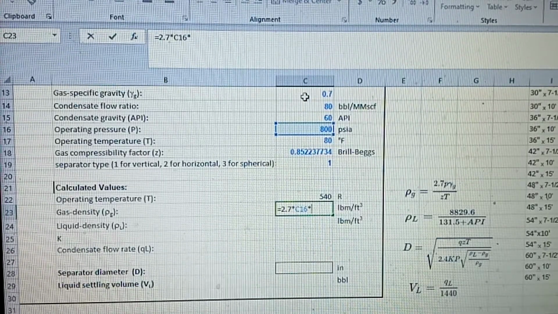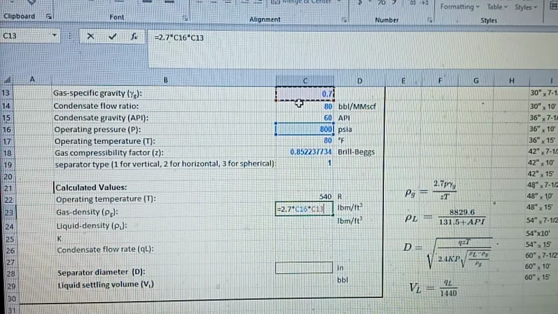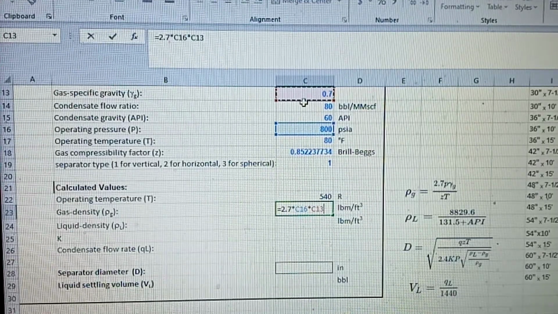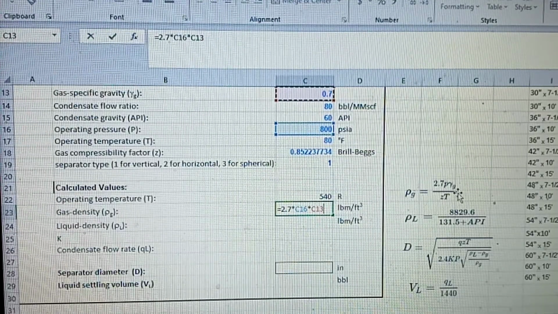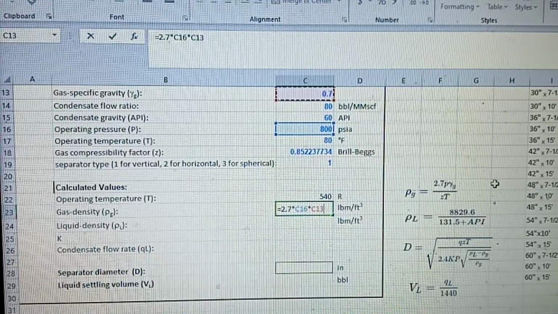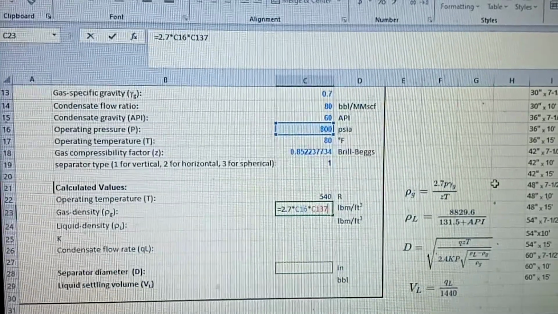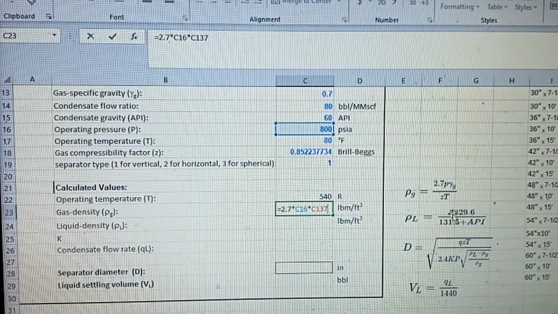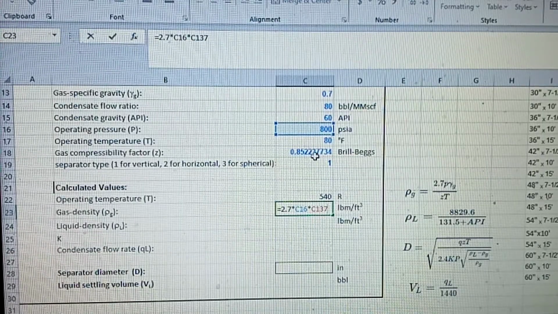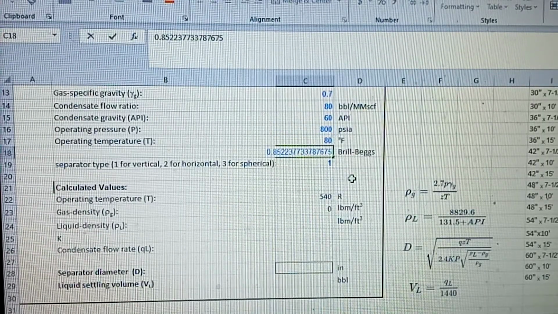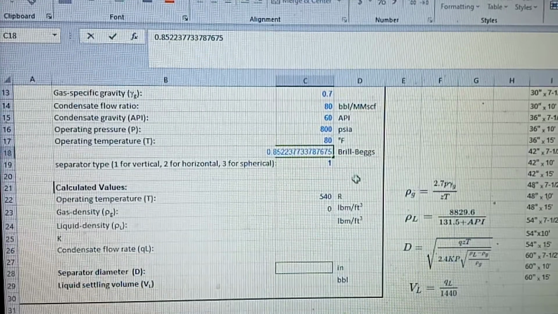I click on that, that would be C13. Then divided by Z. You see why we need to get the Z first. I click on Z.